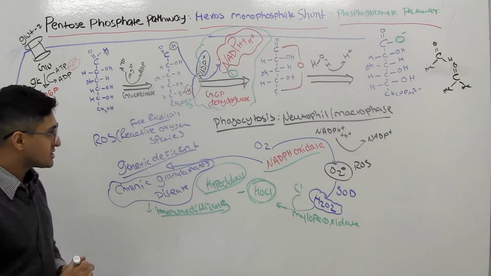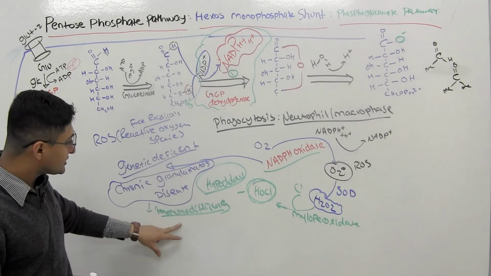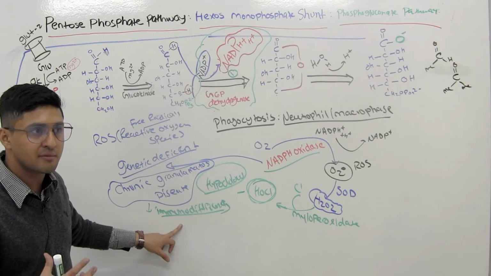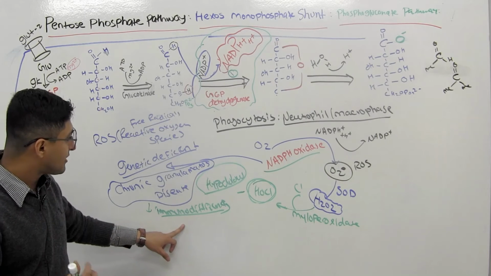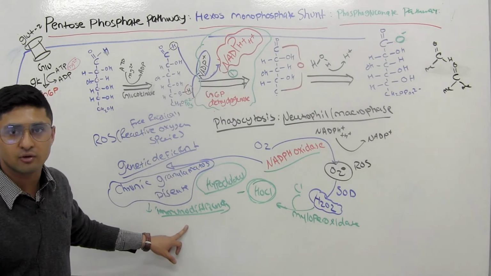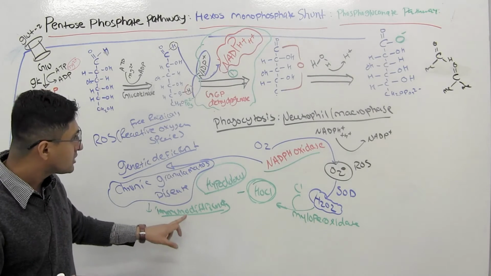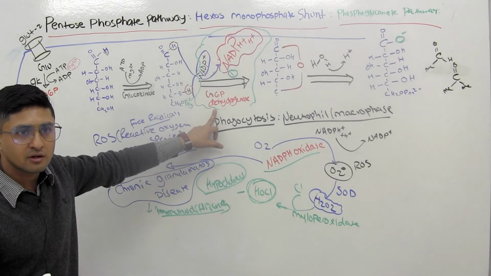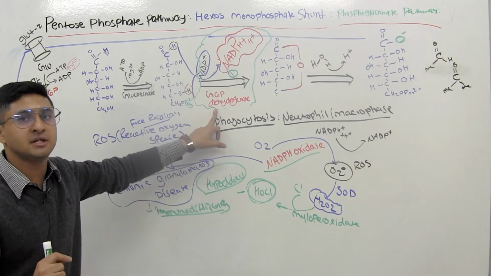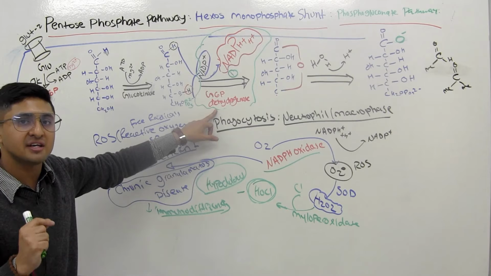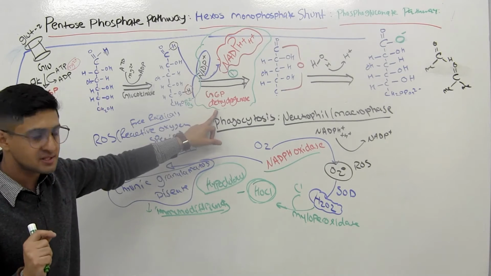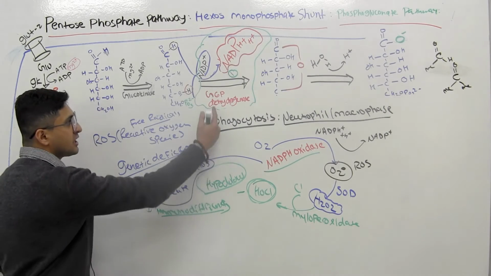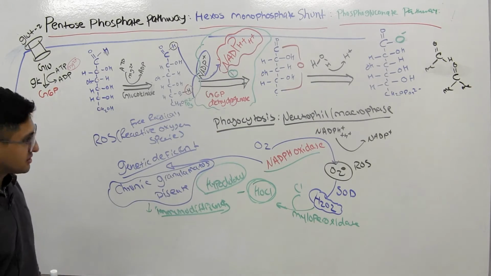That's something you have to understand, because in both cases you're going to have immunodeficiency or immunocompromise, very susceptible to getting infections very quickly, persistent severe infections. The difference is this: these guys will have hemolytic anemia and also Heinz bodies, and we'll talk about what that means. That's what makes NADPH oxidase deficiency different from G6PD deficiency.